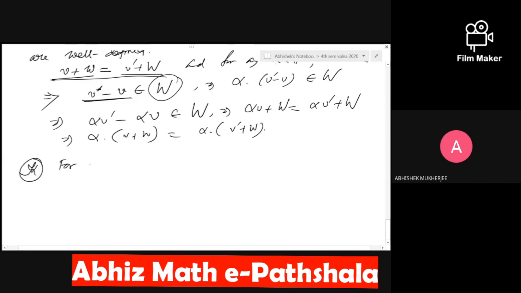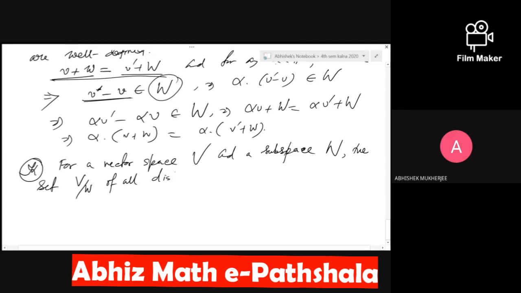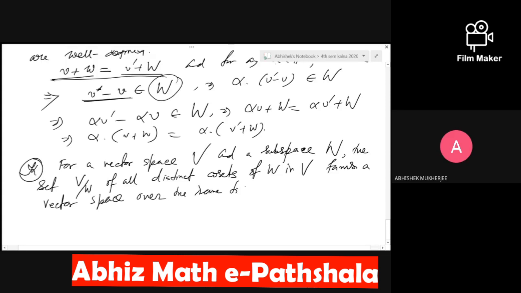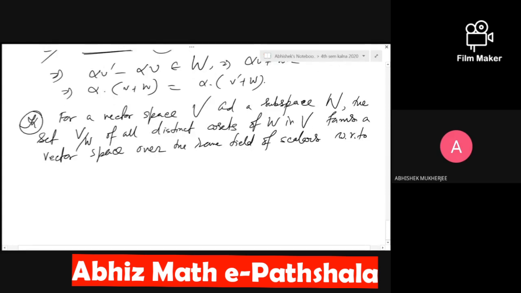for a vector space V and a subspace W, the set V/W of all distinct cosets of W in V will form a vector space again over the same field of scalars with respect to the operations defined above.